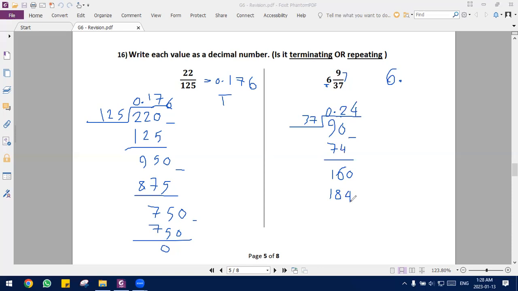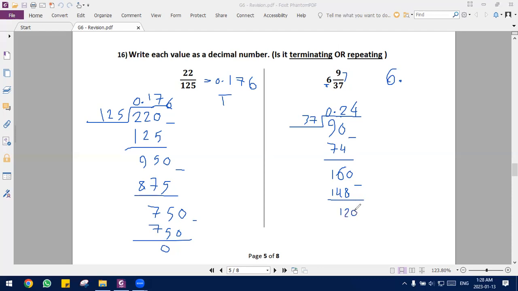Sorry, it's 148, because it has to be less than 160 for sure. When I subtract them, the remaining is 12.